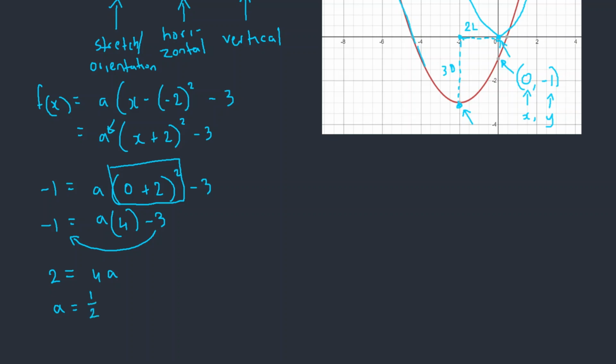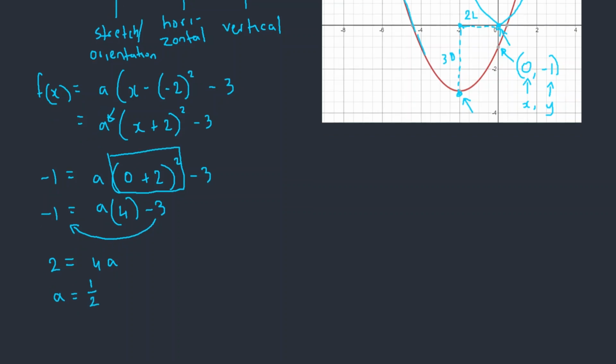And so now I have all the missing information that I need. I'm going to put it in over here. I have f(x) is equal to half, because that's what my value for a was, (x + 2)² - 3.